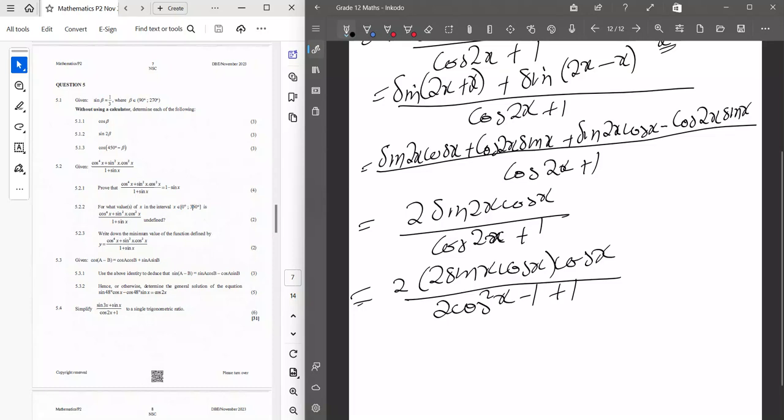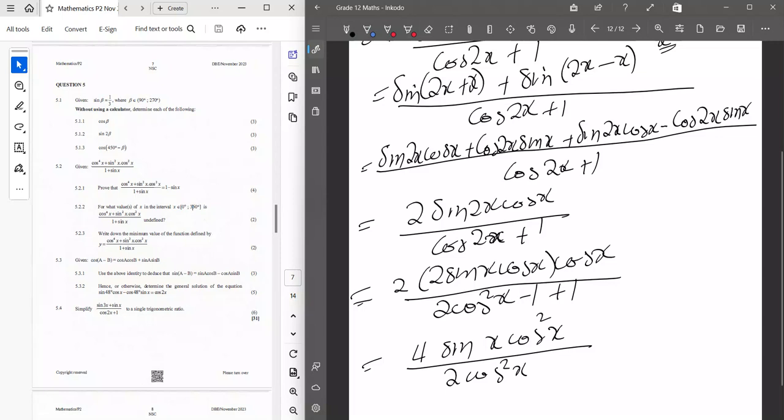Okay, so proceeding, what do we have? We have 4 sine square x cos x all over 2 cos square x. Oh, by the way, let me kill this as well. My mistake is this, it wasn't in square.